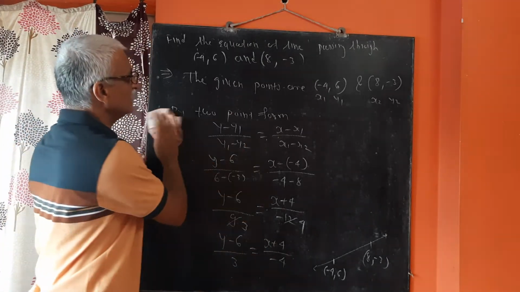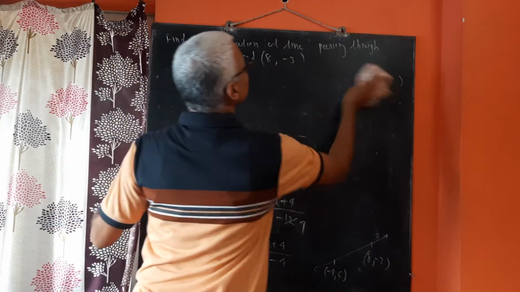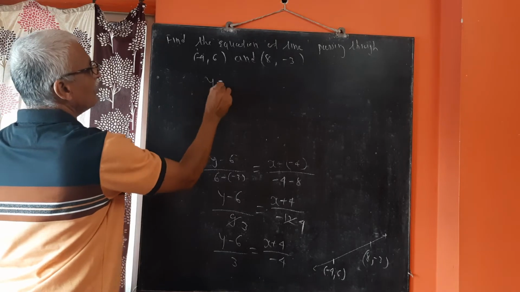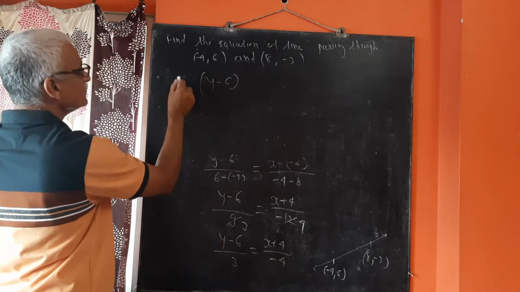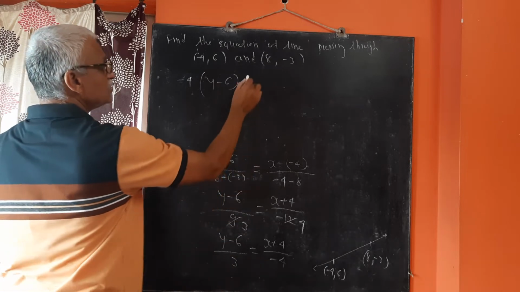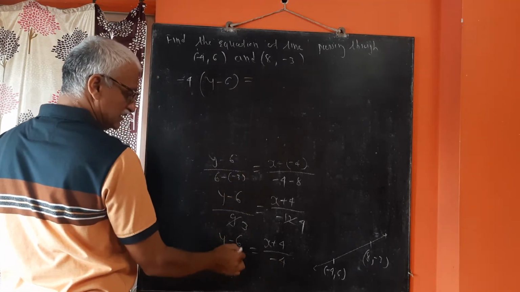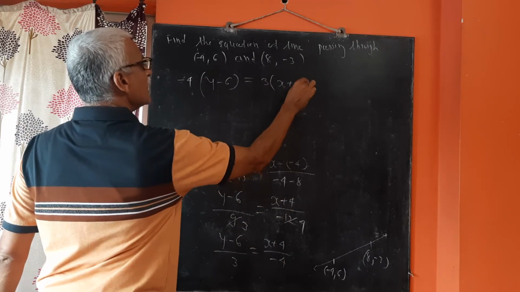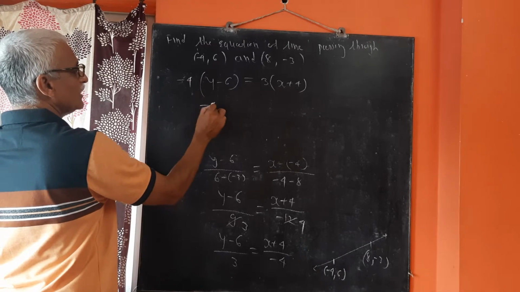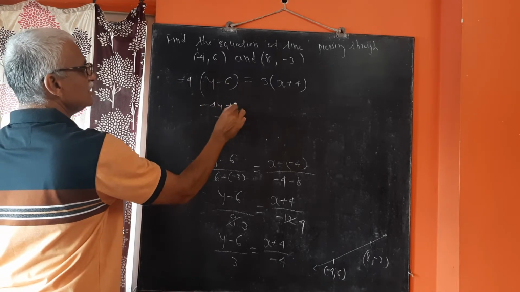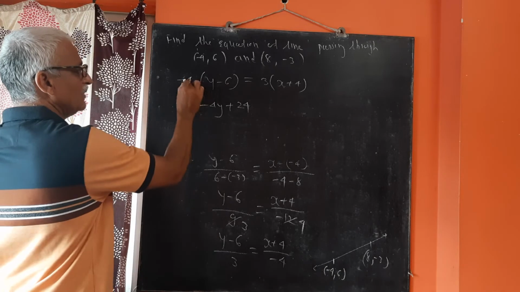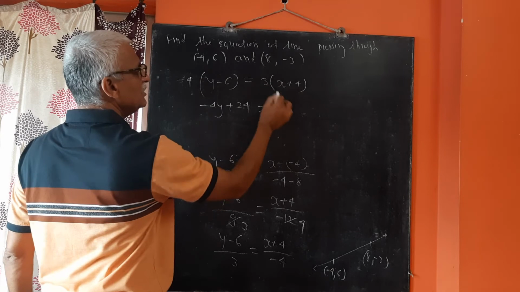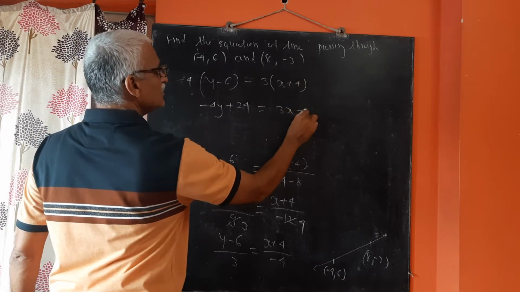Now by cross multiplication, we get (y − 6) into −4 equals 3 into (x + 4). So −4y, minus of minus is plus, 6 into 4 is 24, equals 3 into x, that is 3x, and 3 into 4, that is plus 12.